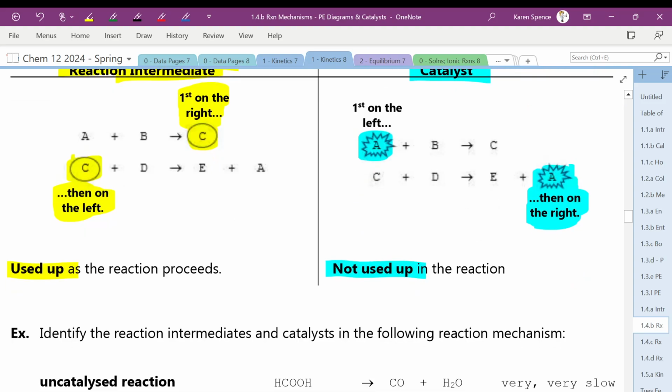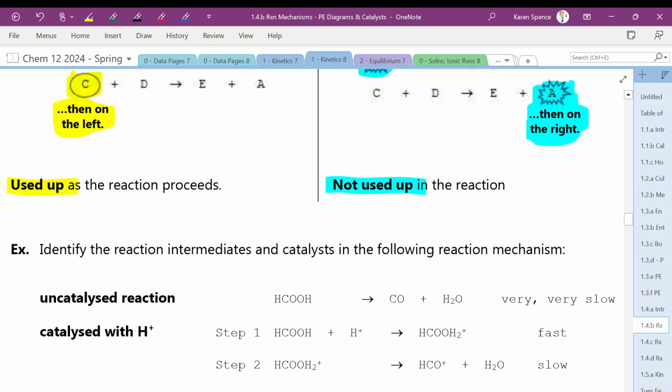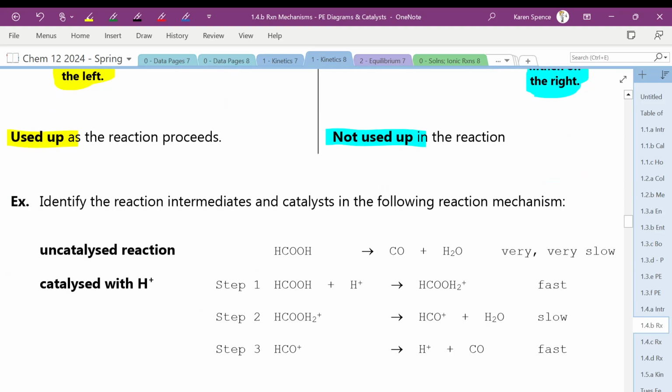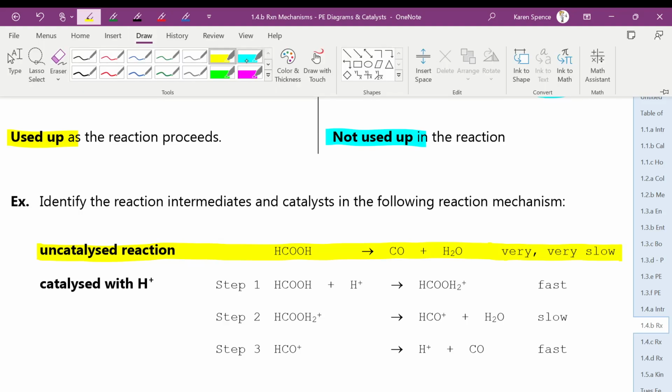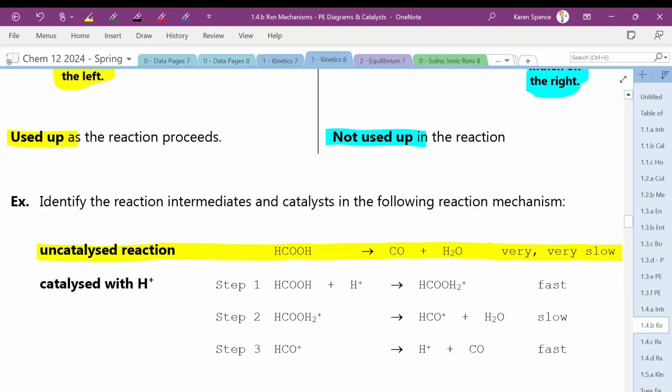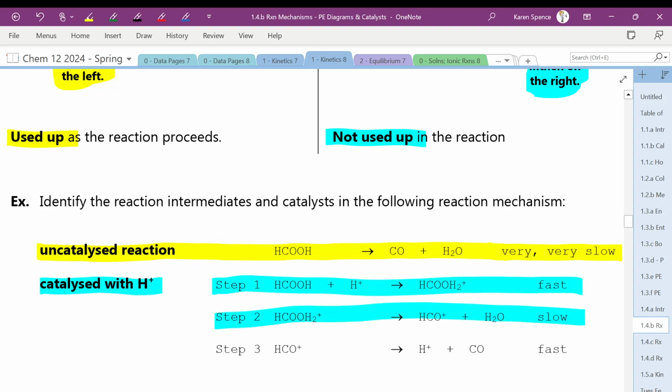All right, you guys are going to try this reaction here. We have the uncatalyzed reaction, okay, and it is very, very slow. Then let's say we add a catalyst. The catalyzed reaction has 1, 2, 3 steps.